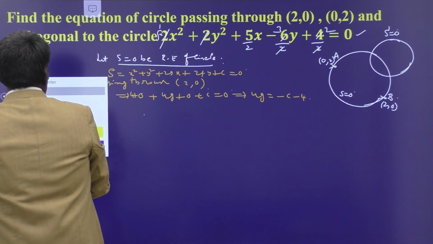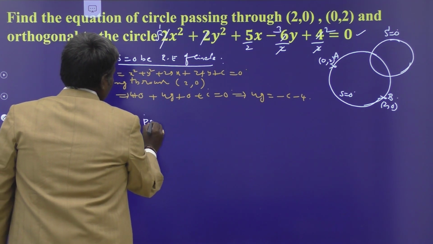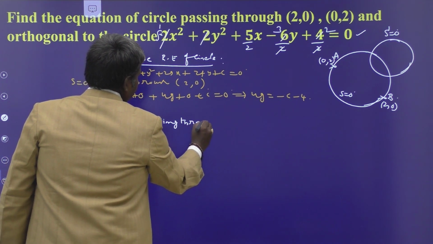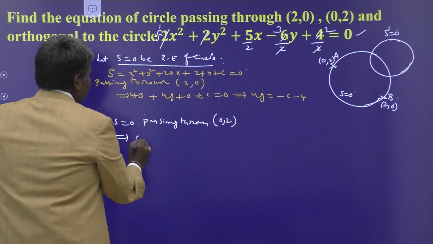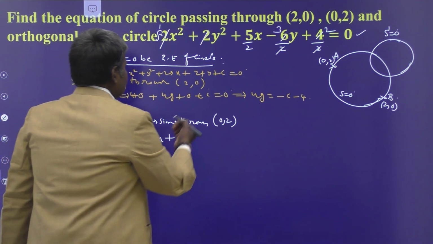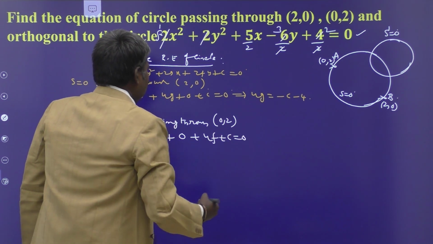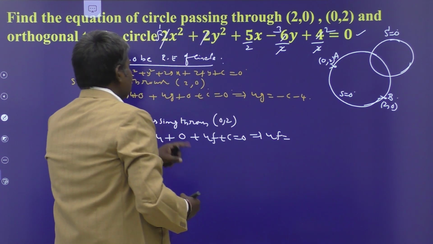Also S = 0 passing through what? (0, 2). Substitute (0, 2): 0 + 4 + 0 + 4f + c = 0, implies 4f = -c - 4.